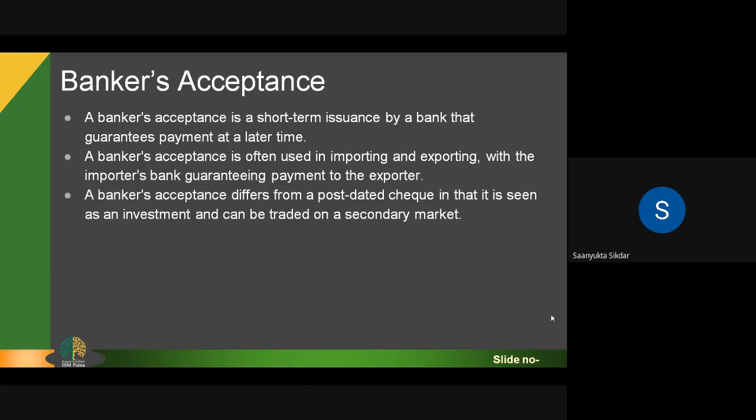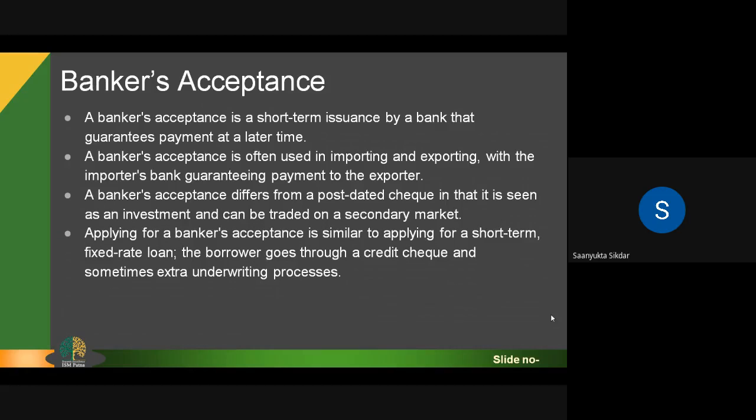A banker's acceptance differs from a post-dated check in that it is seen as an investment and can be traded on a secondary market. So it is like a post-dated check, like that only. The check is given and the date is also put. But one important thing is that a banker's acceptance can be traded in the money market, whereas the post-dated check cannot be traded in any way.